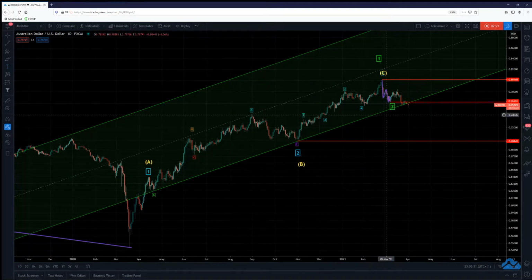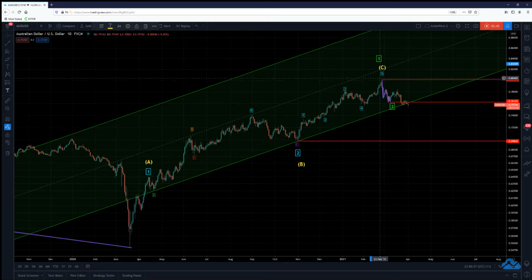This is what I would think C wave would be, right? So one of the reasons why I changed my view on everything, but the evidence that backs this up is that number one, we haven't seen a move down so far that would prove to be bearish.